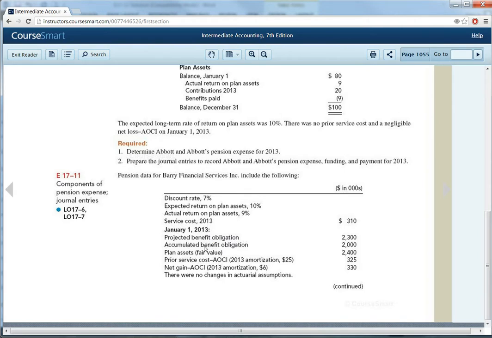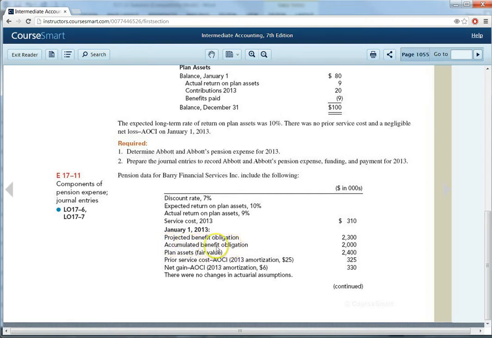US GAAP is very clear. Projected benefit obligation is what needs to be incorporated into the balance sheet disclosure. We can also disclose in the footnotes the accumulated benefit obligation, but the calculations cannot be based on that.